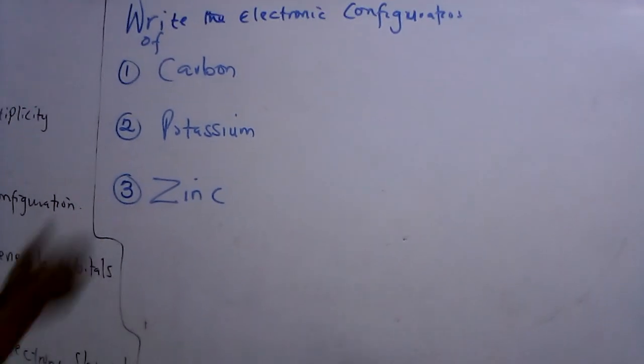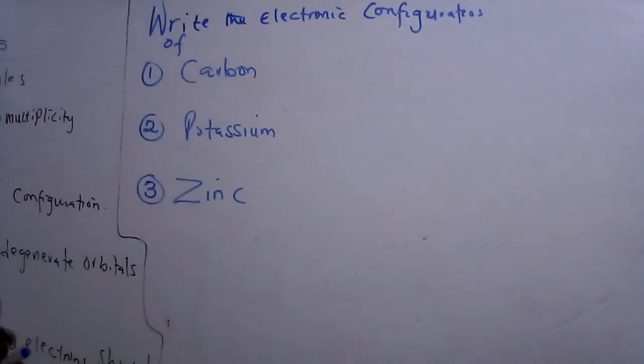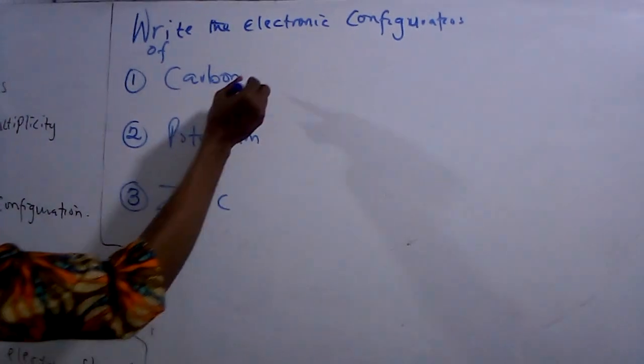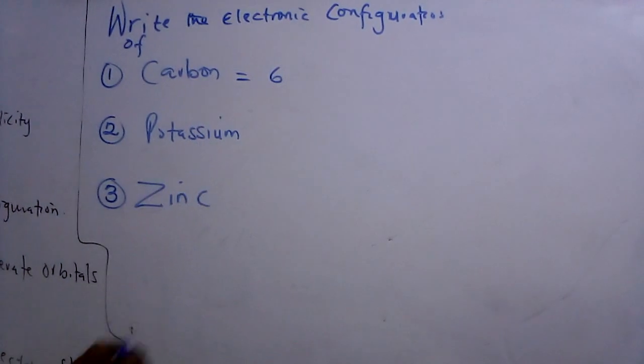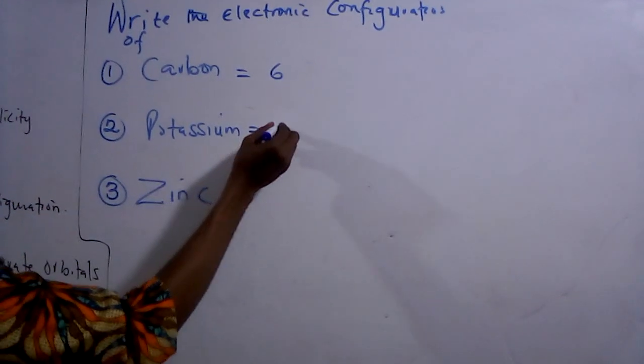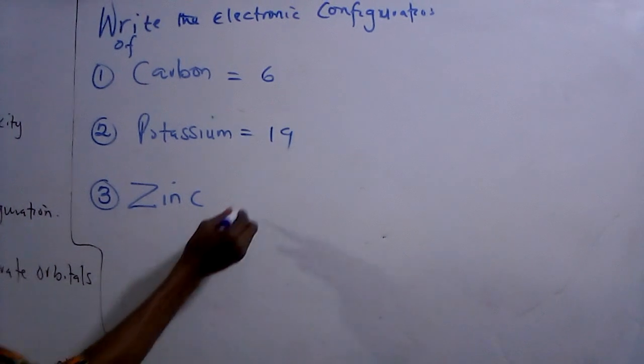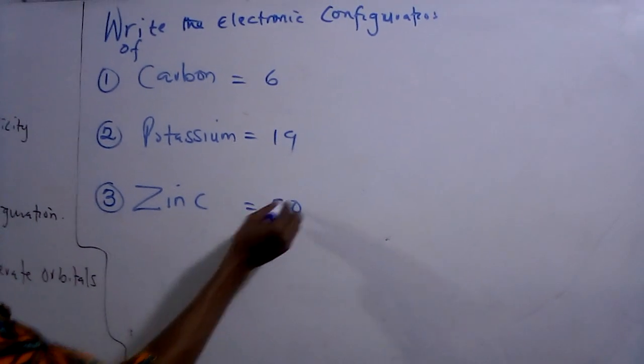Let's start with carbon. Carbon has an atomic number of 6. Potassium has atomic number of 19 and zinc atomic number of 30.